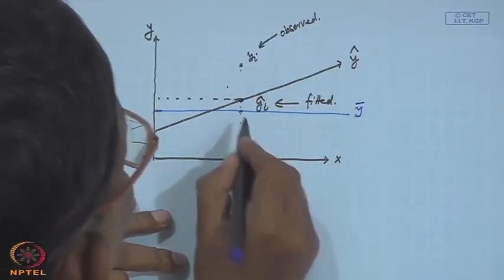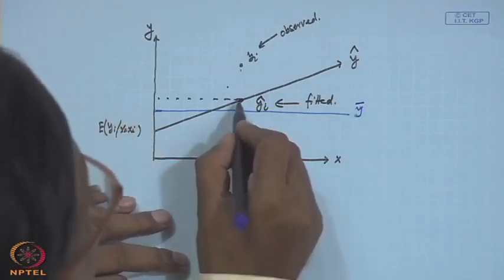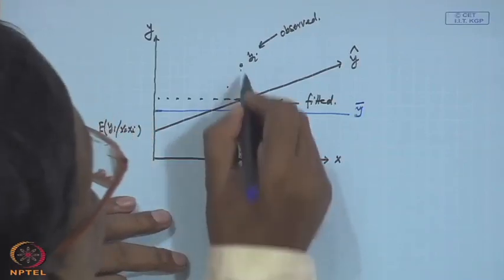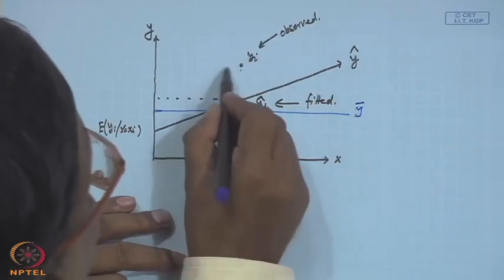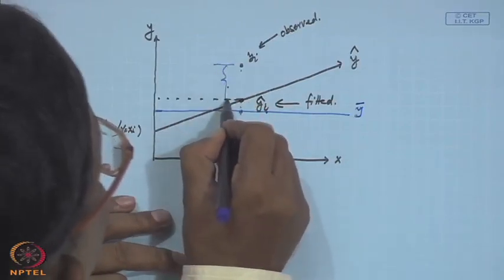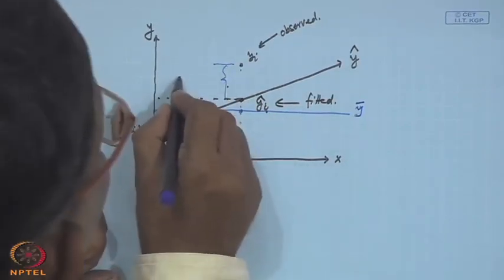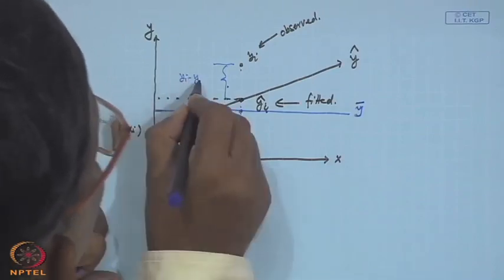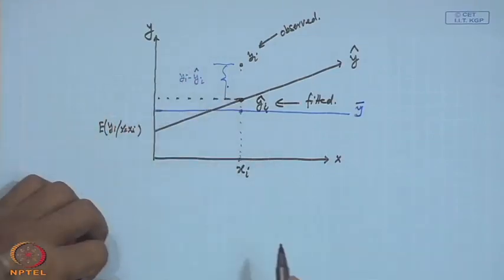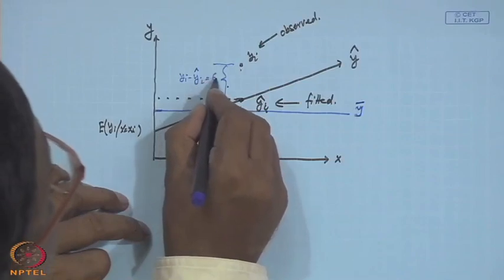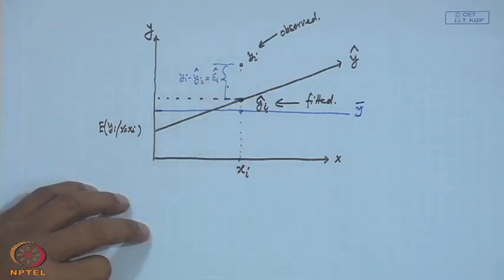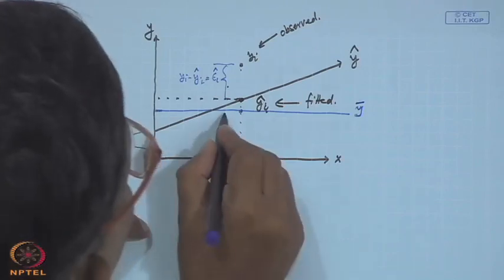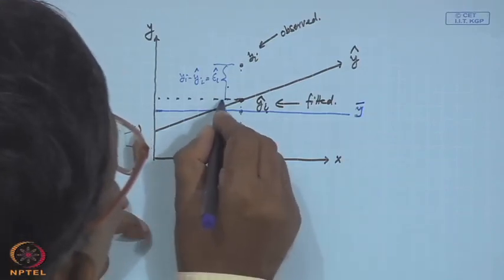Then this value is y bar, this value is yi cap, this value is yi. So what is this value then? Yi minus yi cap. This value is nothing but the error value, correct. Then what is this value?